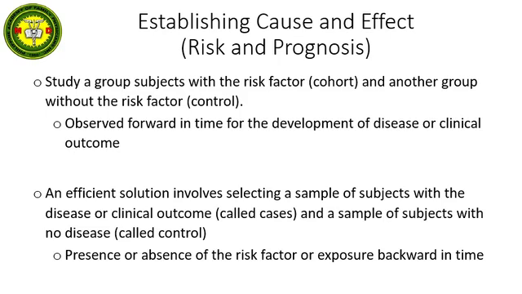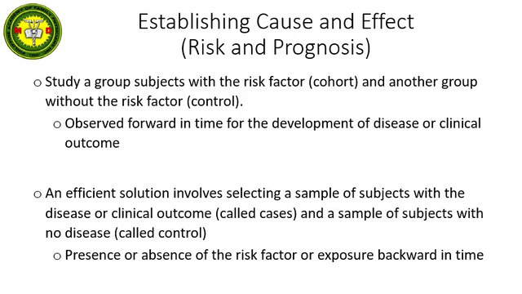However, when you study a risk factor or a prognostic factor, the ideal design is to look at those persons who have the risk factor, the cohort, compare them to those without the factor, called control, and observe them forward in time. Unfortunately, it may take a long time for the outcome to develop. Therefore, if you're doing your research as a resident physician, a medical student, or somebody in training, it will be difficult to complete the project within your timeline.